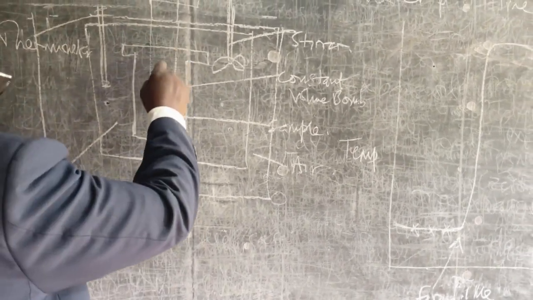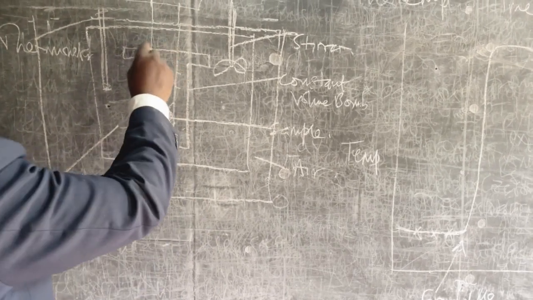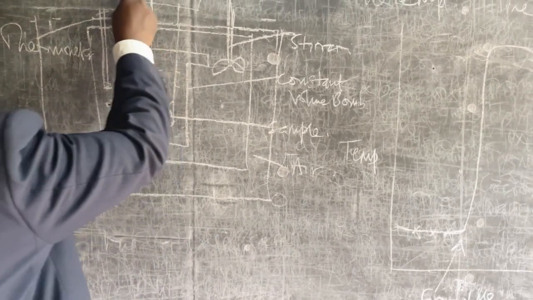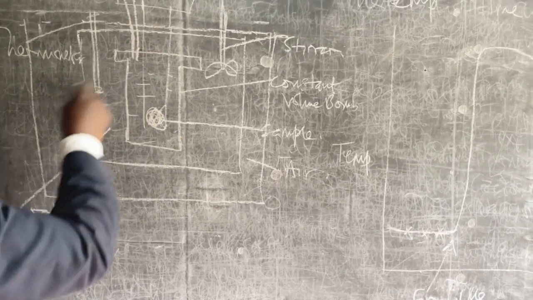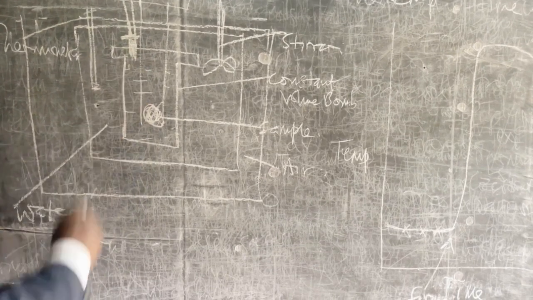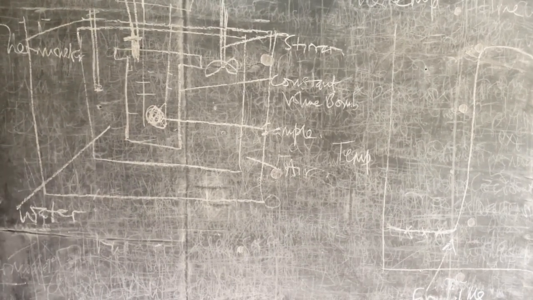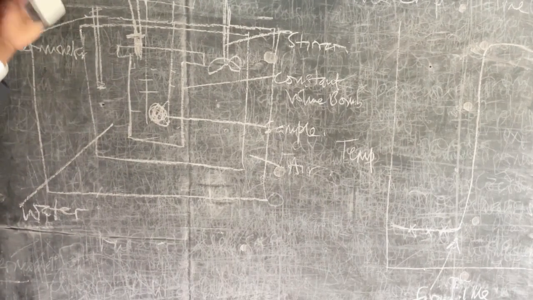Remember, there is oxygen in this compartment here. In certain cases, you will find that this is connected to an oxygen cylinder so that you are able to fill oxygen there. There is a valve through which you can fill that oxygen into your bomb, and of course you shut it off completely when you have filled it.